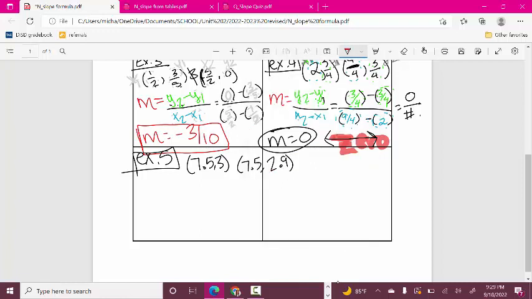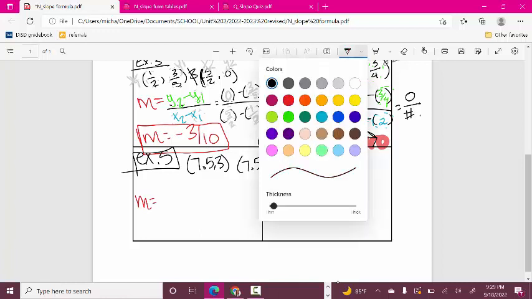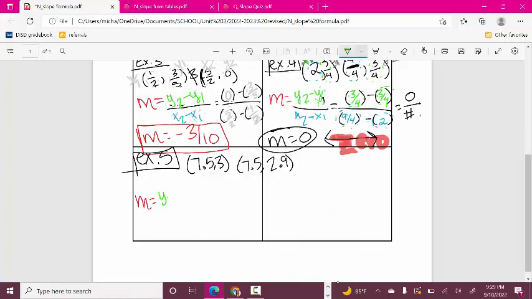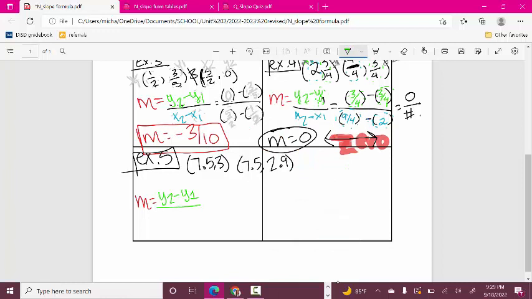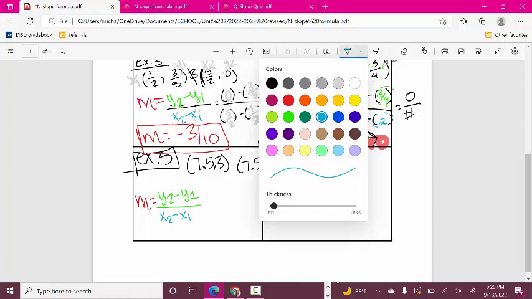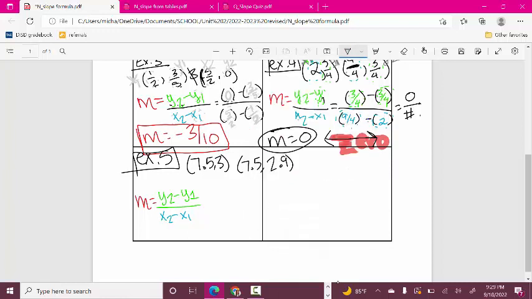So we're looking for m, the slope. We know that m is the same as y2 minus y1 over x2 minus x1. Before I set up the fractions with all the parentheses this time, I am going to remember to label my ordered pairs.